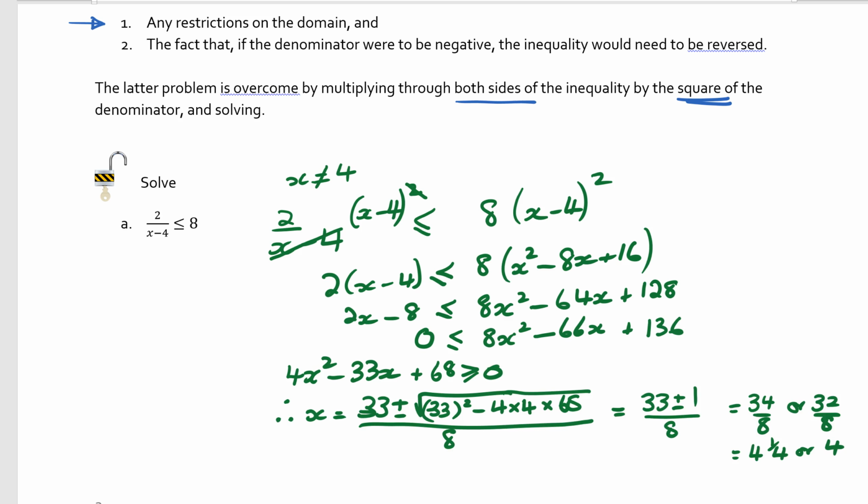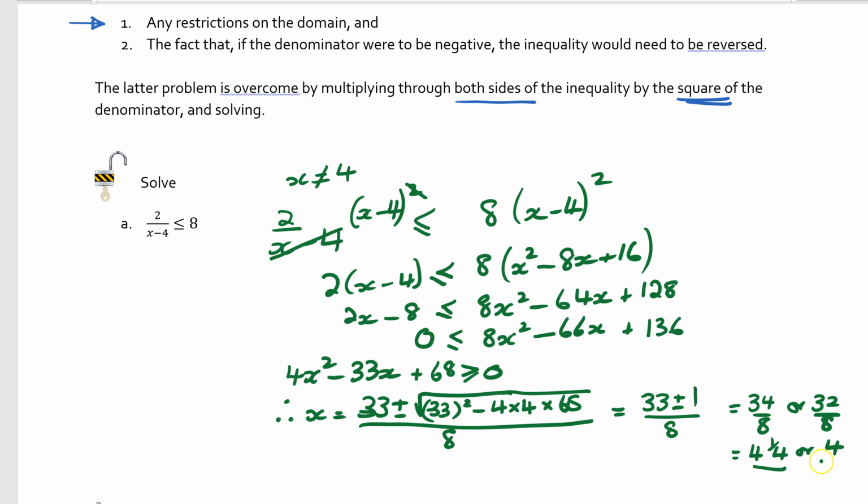So if I then continue on, form up my quadratic and factorise it, and I couldn't think of two numbers that equaled 4 times 68 and added to minus 33, so I went with the quadratic formula just as well because there weren't nice numbers, so they were 4.5 and 4.